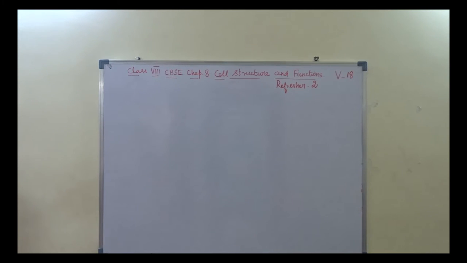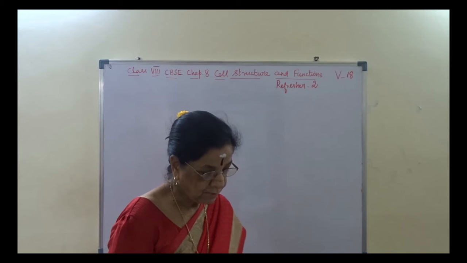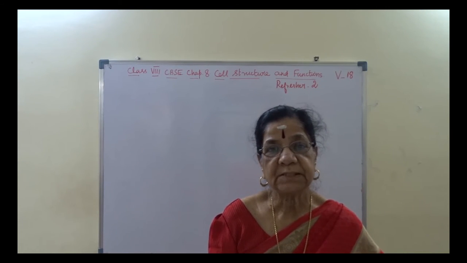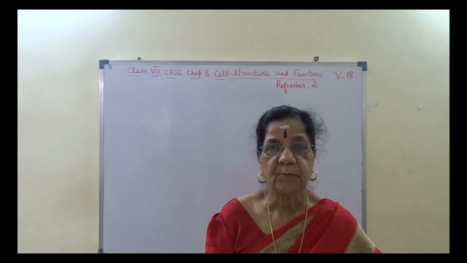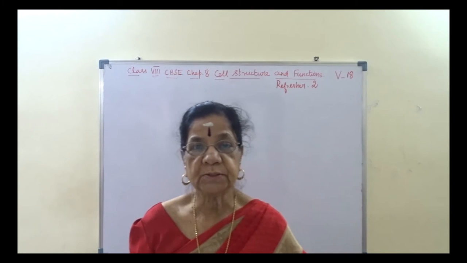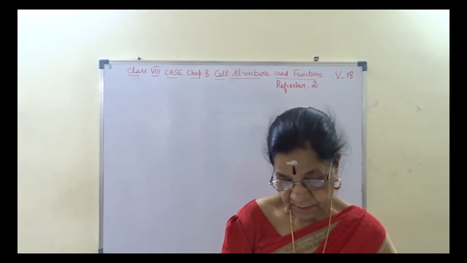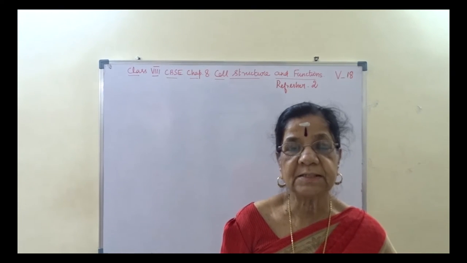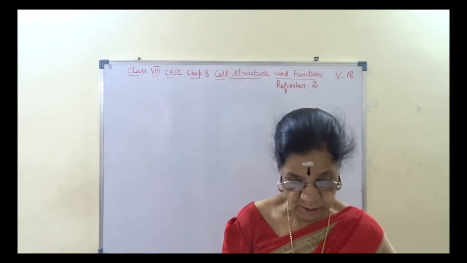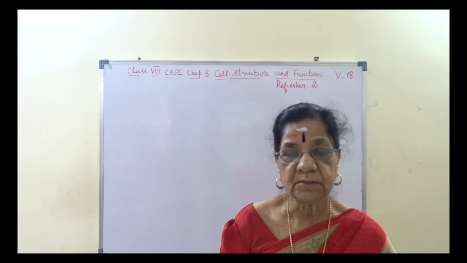Through further studies and advancement of the microscope, other parts of the cell have been identified. Robert Hooke coined the term cell and discovered this honeycomb-like compartment in the cork cell.